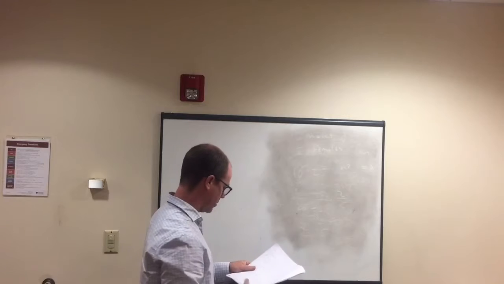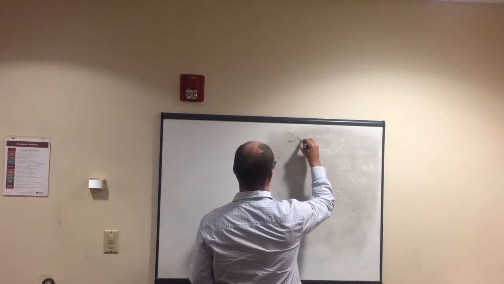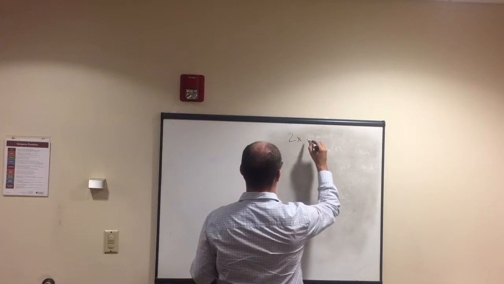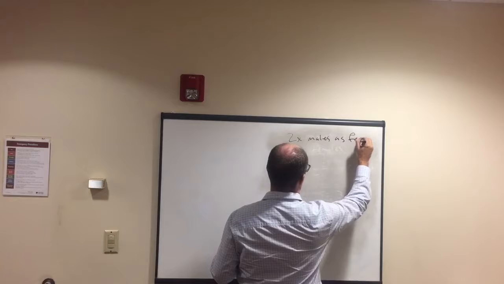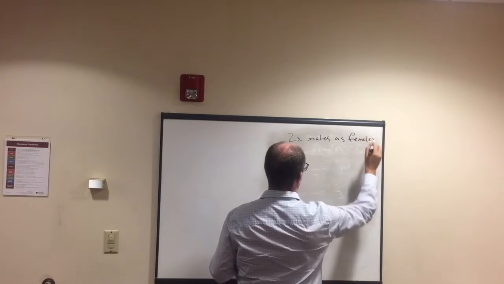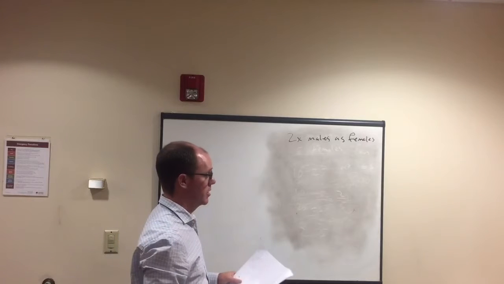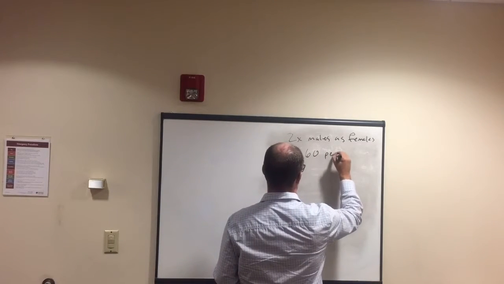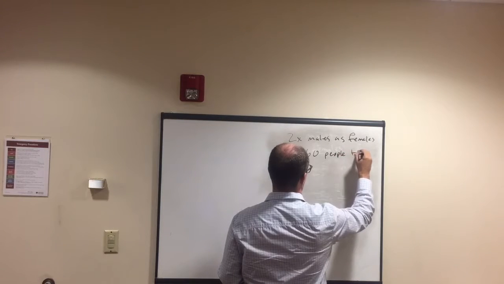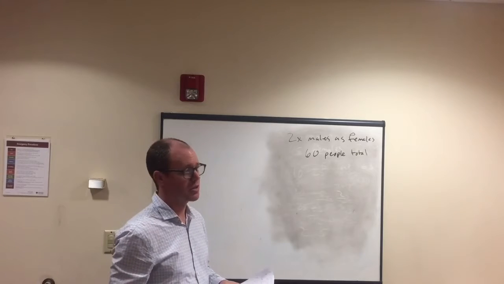Okay, so here's another males and females in a class question. 2 times as many males as females. Okay, I got twice as many males as females in a room or in a class. 60 people total. How many males and how many females are in this class?